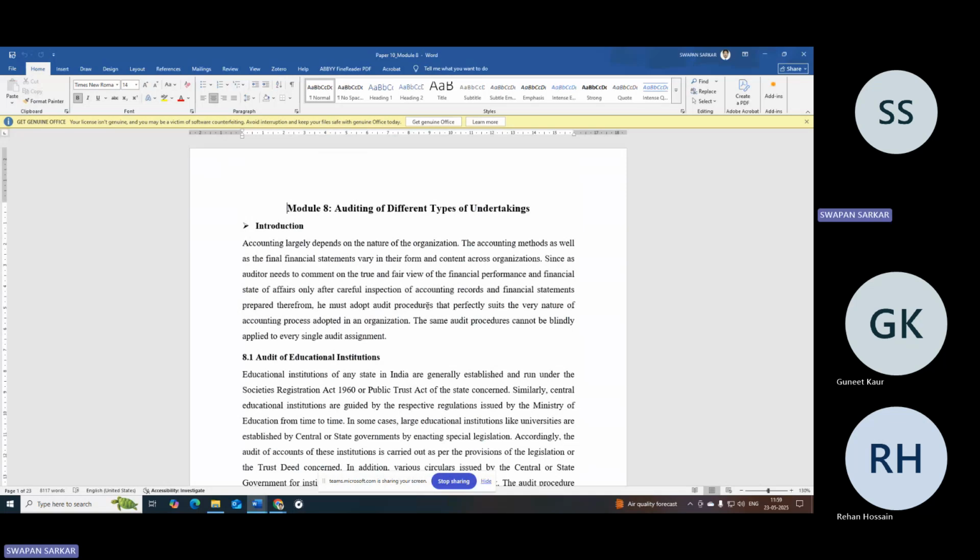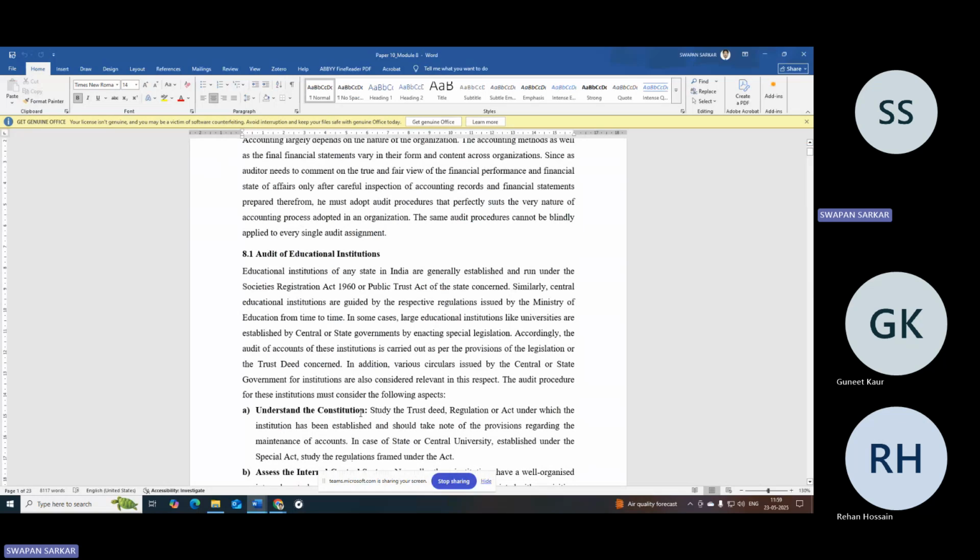Starting with the audit of educational institutions. Now, educational institutions of any state in India are generally established and run under the Societies Registration Act, 1860, or the Public Trust Act of the state concerned. Similarly, central educational institutions are guided by the respective guidelines or regulations issued by the Ministry of Education from time to time.